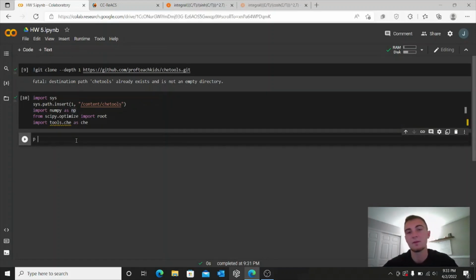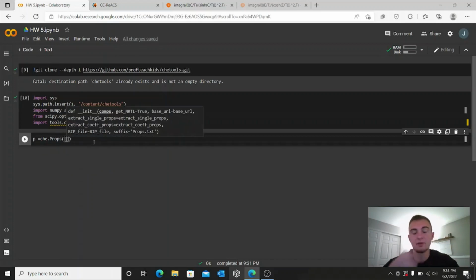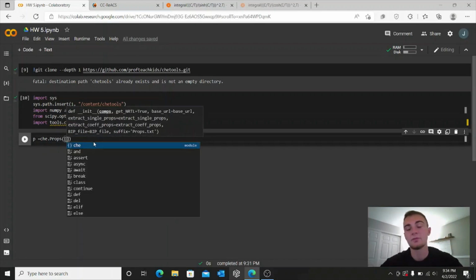So if I just create a variable name P, that tells me P is for properties. So I'll be getting the different properties of these substances. So I have P equals CHE dot props. And in here, I will enter in quotations the substances that we will want to get the properties from.